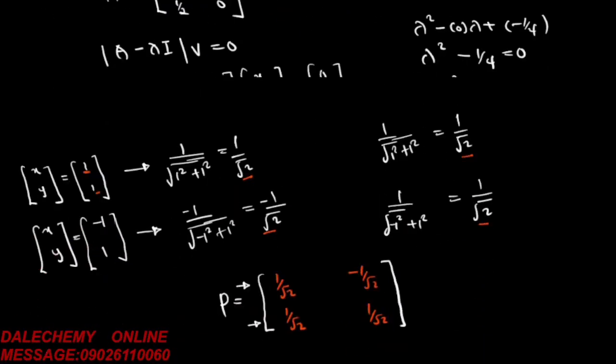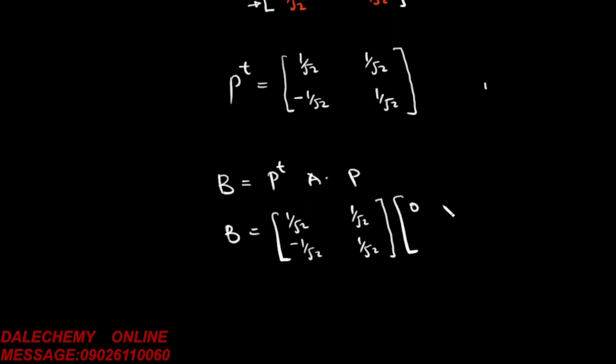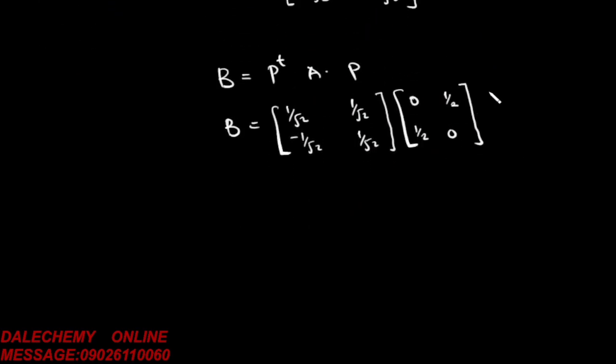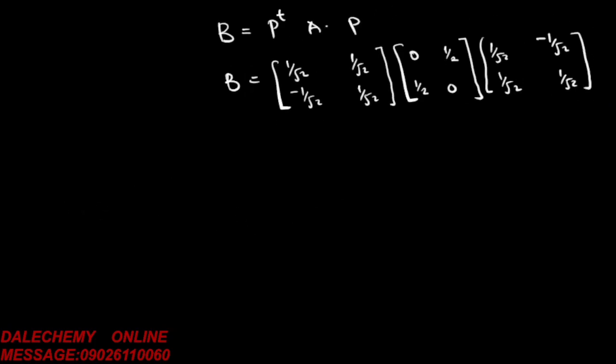So you multiply. Then times the P. The P is 1 over square root of 2, 1 over square root of 2, minus 1 over square root of 2, 1 over square root of 2. So we're going to multiply these three matrices together.